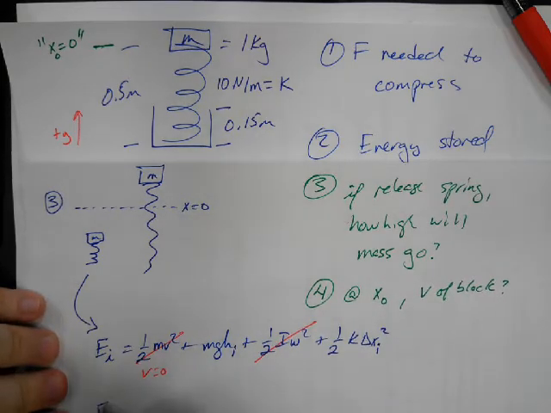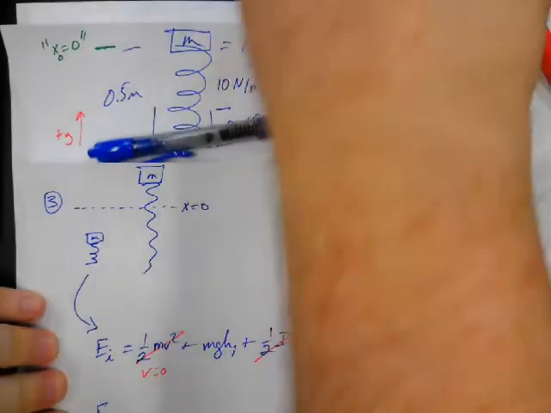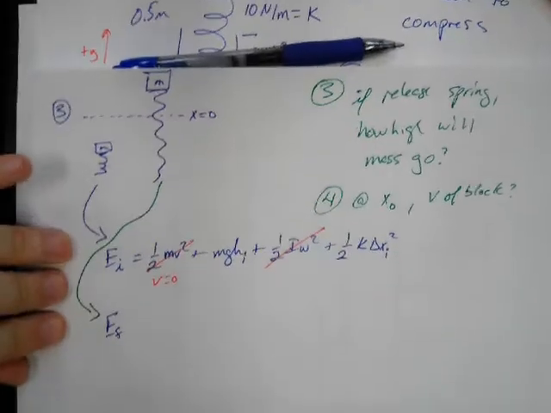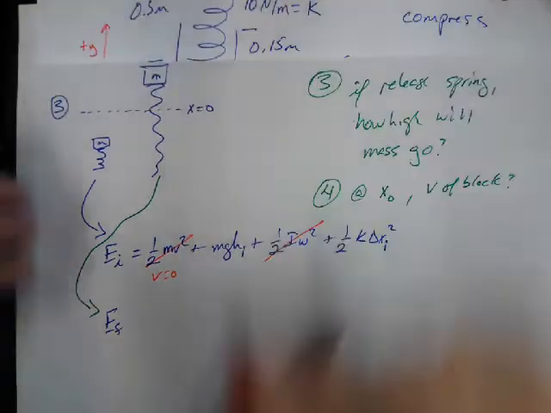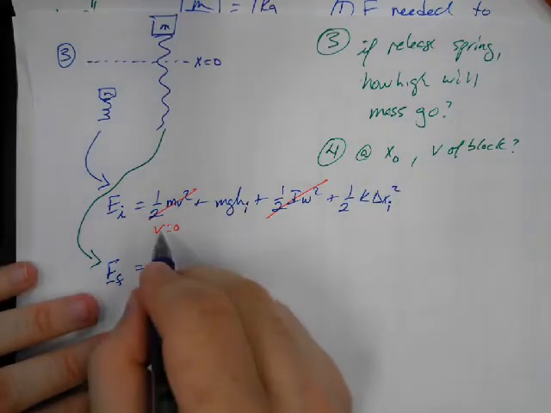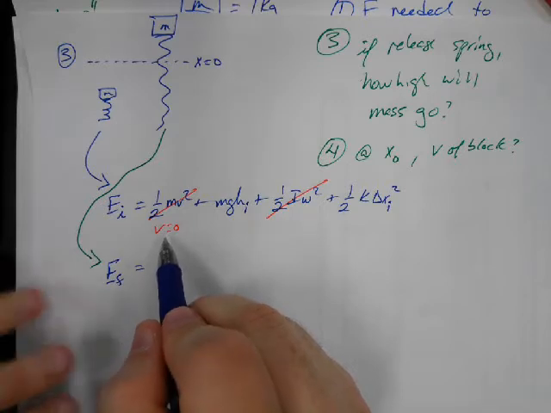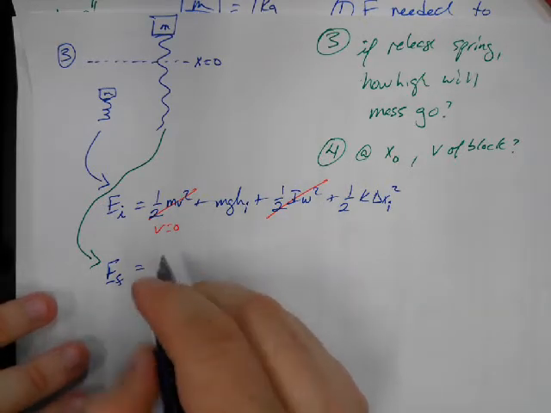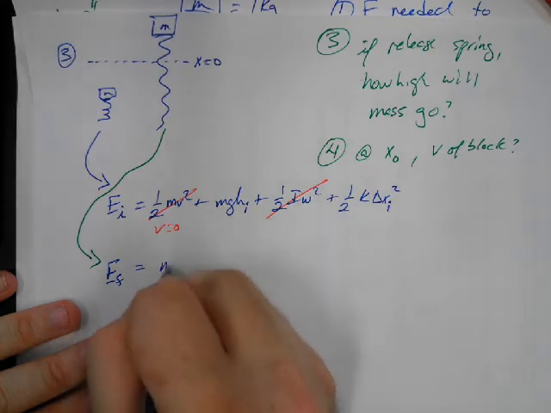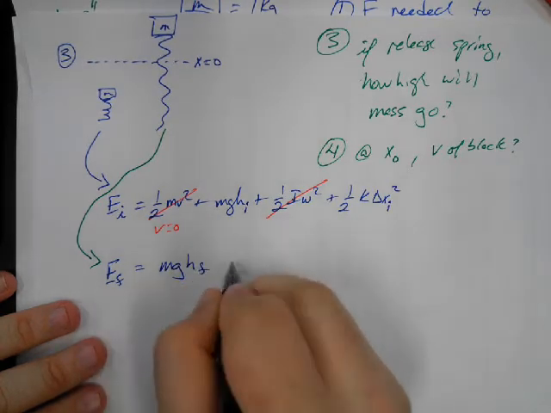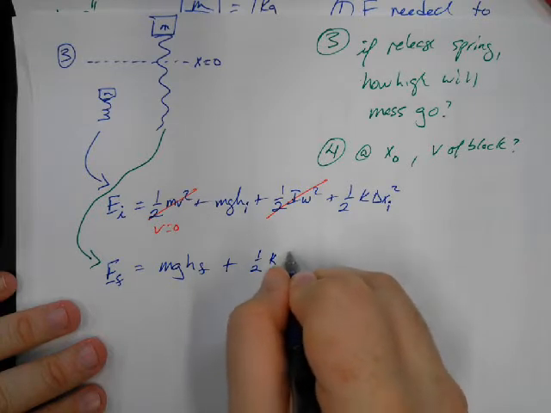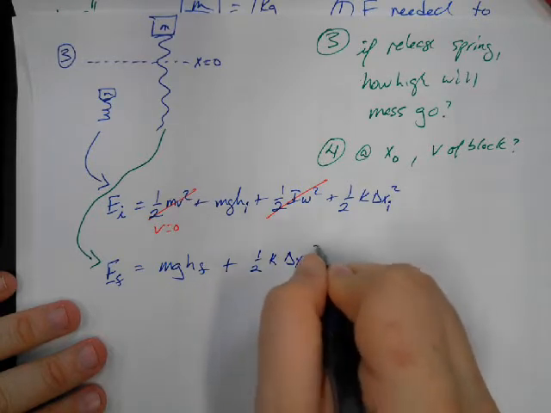So the final energy, and I'll draw it in with a green arrow down here, is going to be the same terms, but at the maximum point v is 0, so that goes away. It's not rotating, so that goes away. So we'll have mg h final plus 1/2 k delta x final squared.